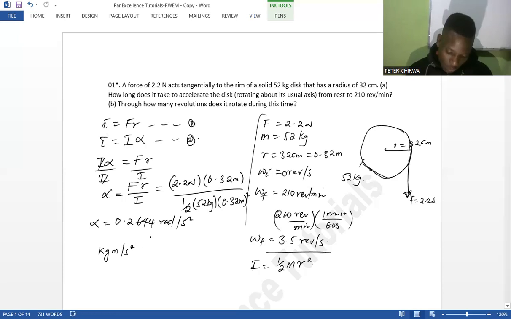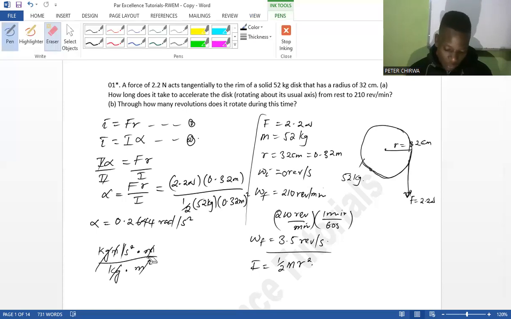And we have also the meter there, and we have the kg down and the meter squared. So meter by meter here will give you squared, which will cancel with this, and kg will cancel, and you have per square second. So per square second, then you have a rad.